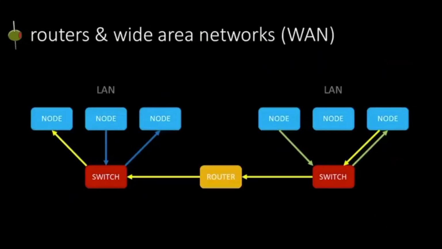There's another device called a router, and a router sits between networks and can pass information between them. So you'll notice that the switch has the capability to talk to the router and pass information that's needed for a node on that other local area network. Routers are very specialized pieces of equipment. They filter a lot of information.